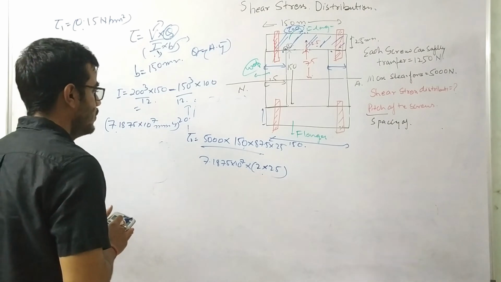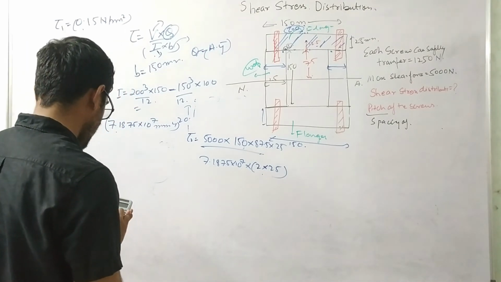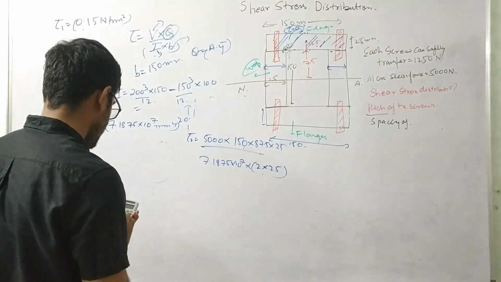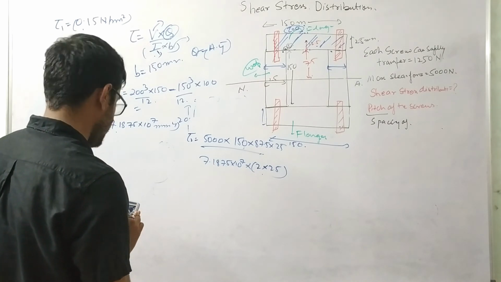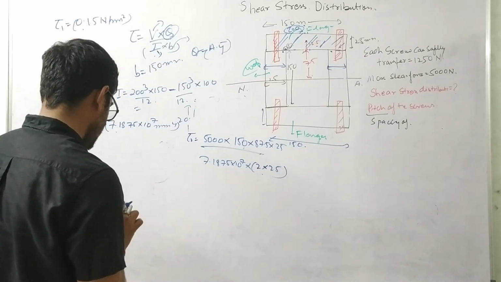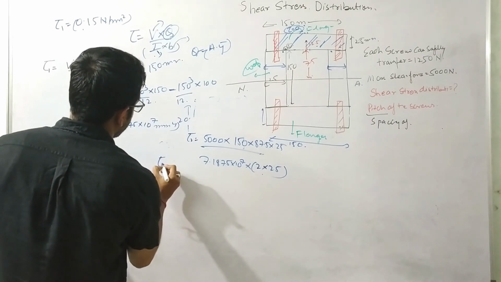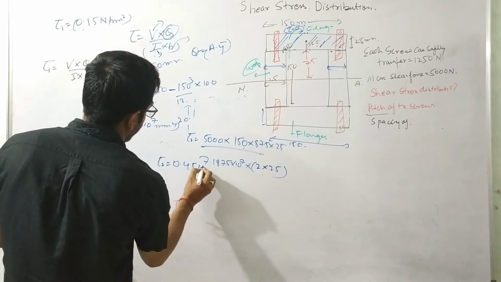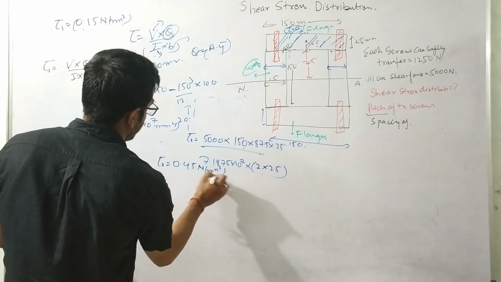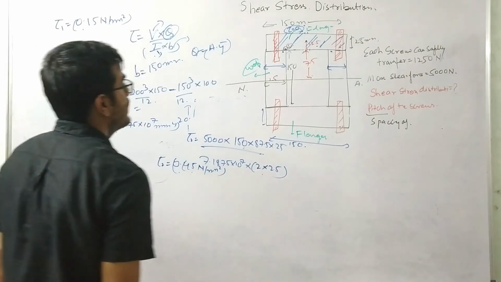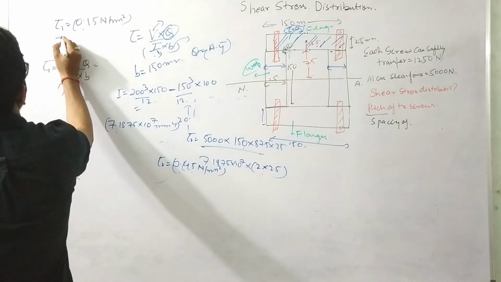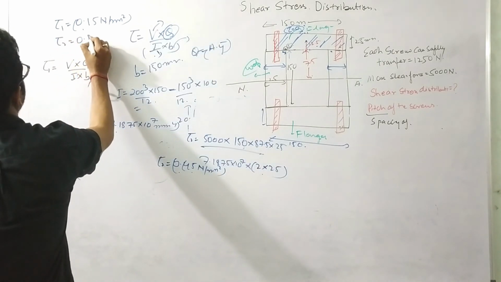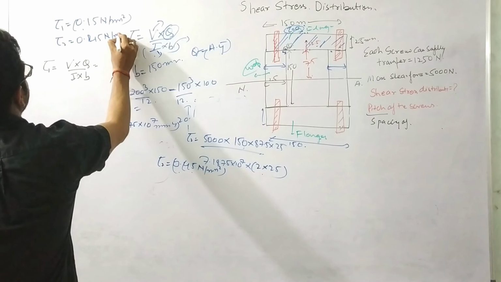If I calculate this, 0.15 into 150 divided by 50, tau2 is 4.5 Newton per mm square.